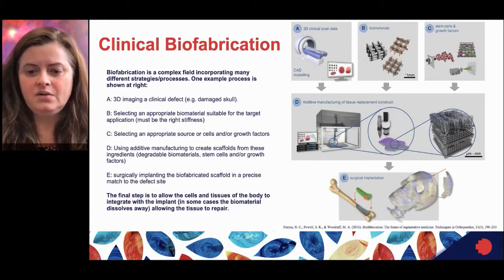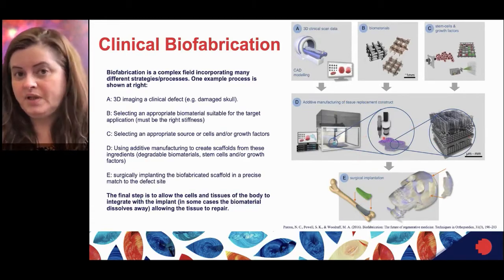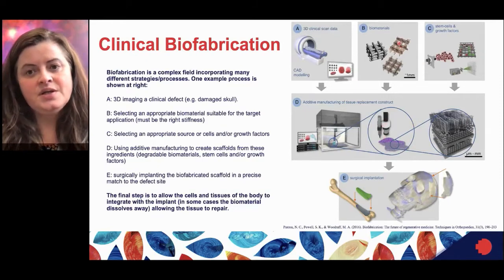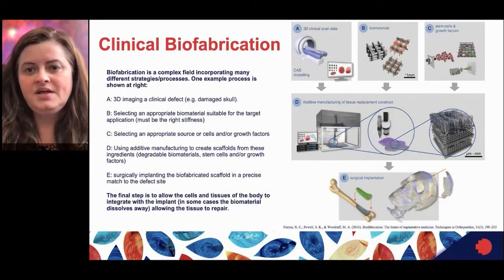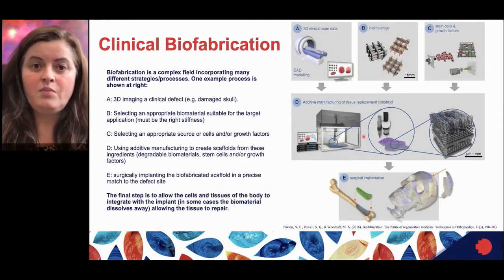So this could be a skull, or a piece of bone, or another piece of tissue. Currently there are titanium implants being put into bone for people, but the way forward, or the way the scientists are thinking, is incorporating some biomaterials, not just metals, as well as stem cells and growth factors to help make something a little bit more like natural bone.